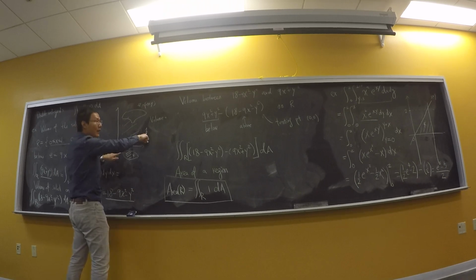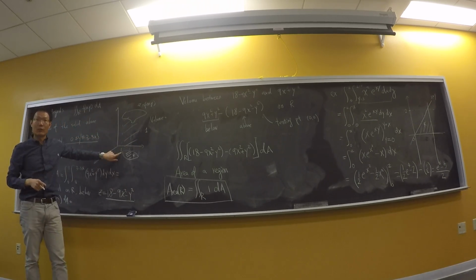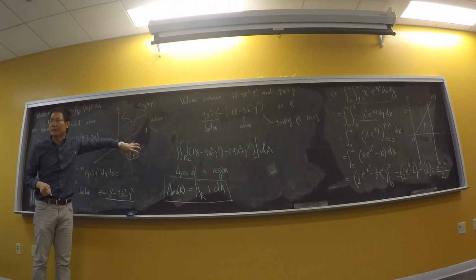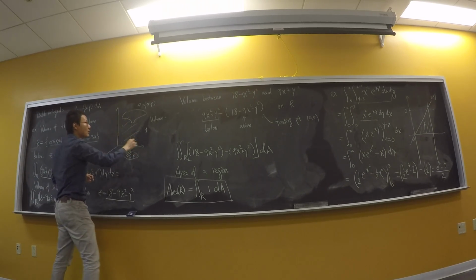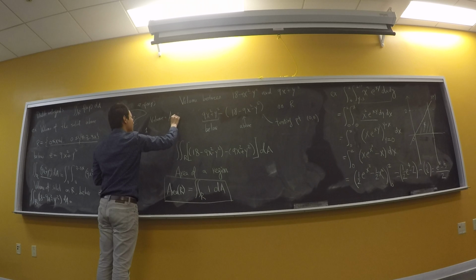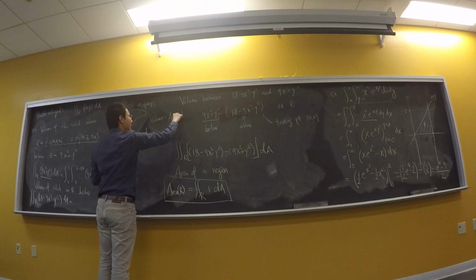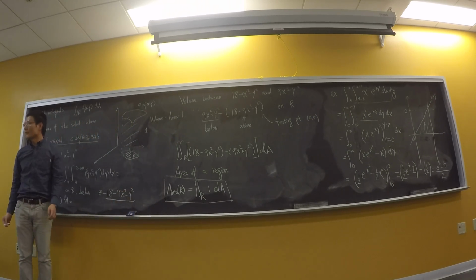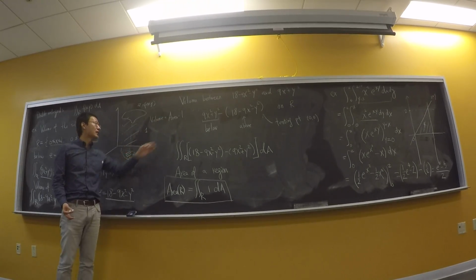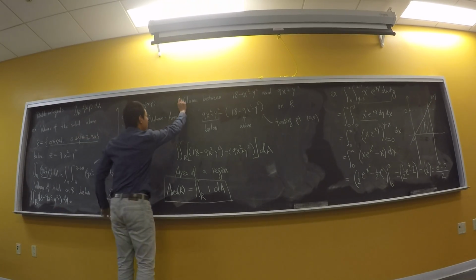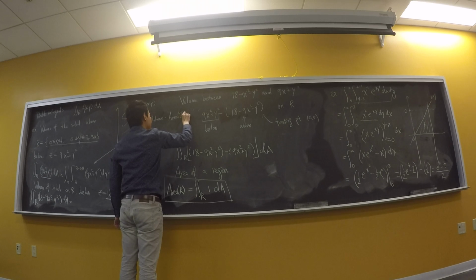All right? You cannot use this geometric formula if your height is changing at different places. But if upon this region the height is always equal to 1, the volume has to be equal to area multiplied by 1. Am I right? Are you with me? It has to be equal to the area of the base multiplied by 1.